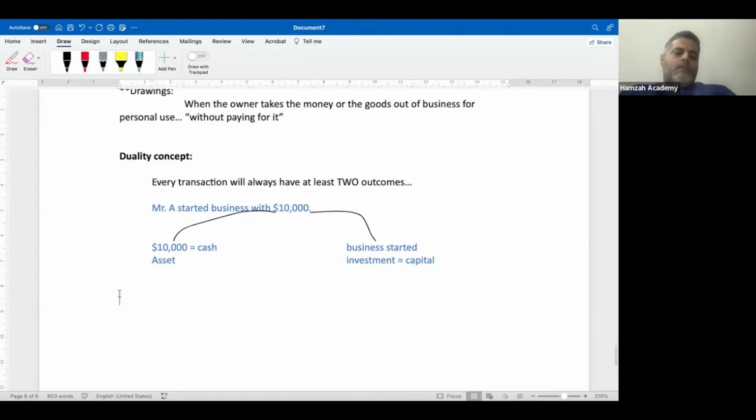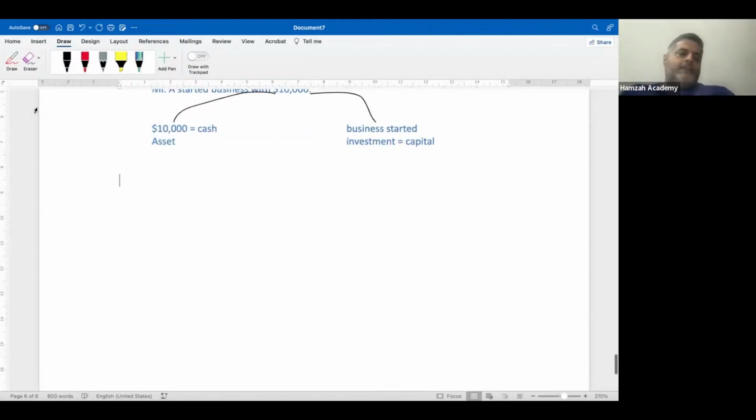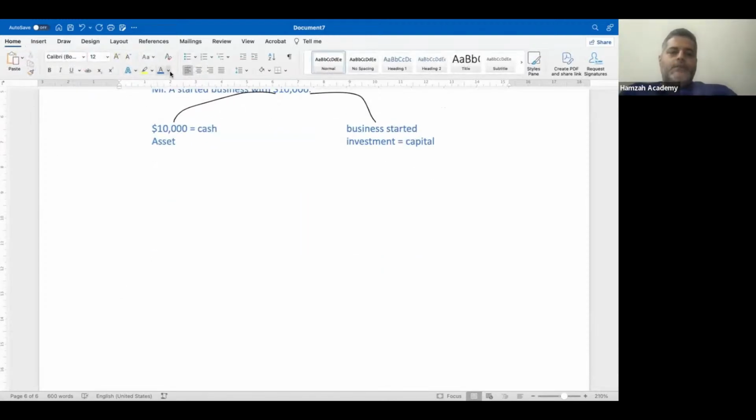Now, moving ahead, I have another concept which we need to talk about, and that is the accounting equation. The accounting equation is that assets is equal to capital plus liabilities, right?